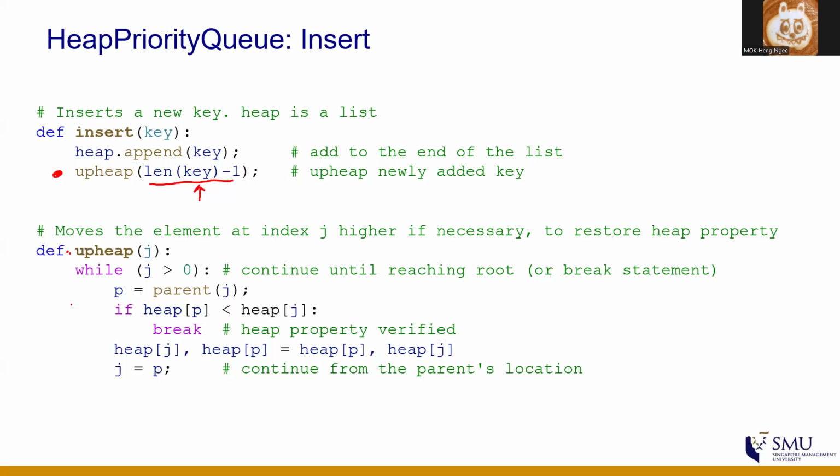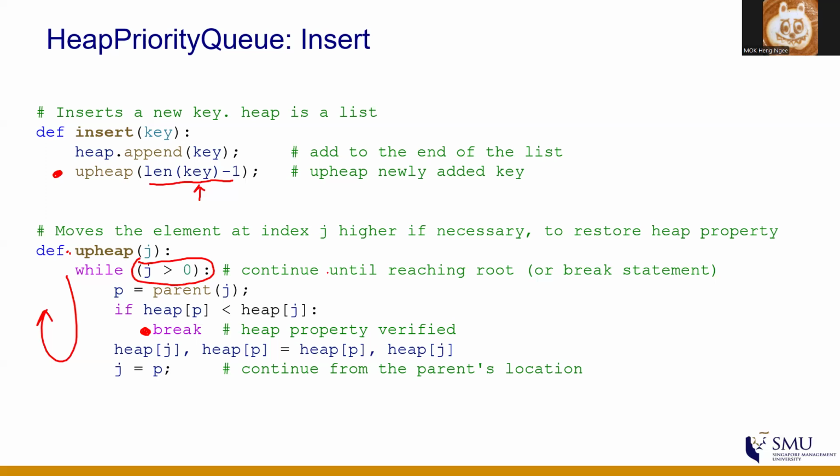So what does up-heap do? Okay, so up-heap repeats a big while loop. It stops only when it reaches the break statement, and that will happen when that current element is at the correct position. That means its parent is actually smaller than itself. Or it reaches the situation when j is equal to 0. That means j is at the root position, the first position of the list.